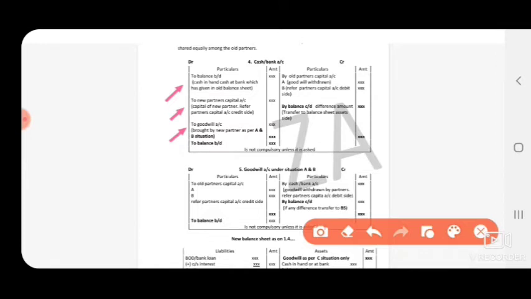Next, if old partners withdraw the goodwill amount, we have to record it on the credit side. It means we are going to deduct the goodwill withdrawn by the old partner. And finally, the balance difference amount is transferred to the balance sheet asset side.